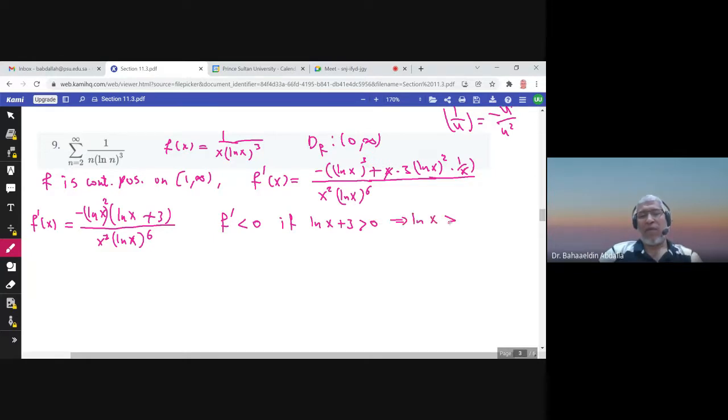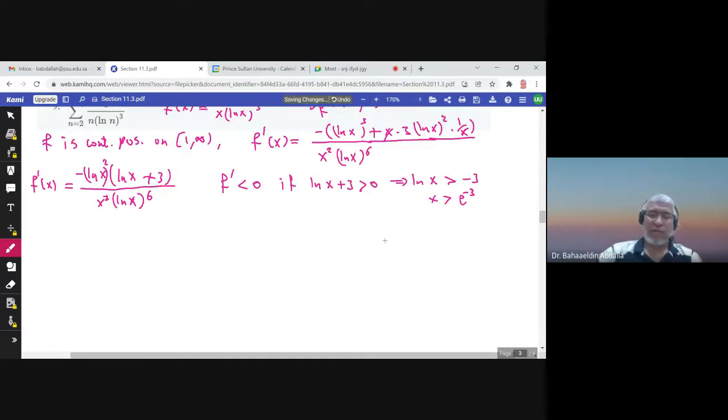This means that ln x is greater than negative 3, or x is greater than e to the power negative 3. And e to the power negative 3 is a small number. It is 0.05.